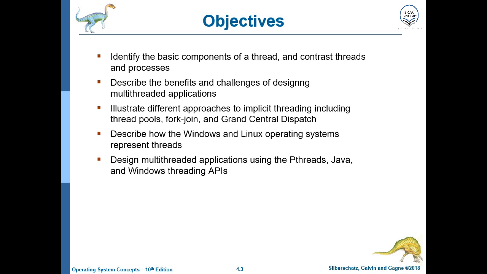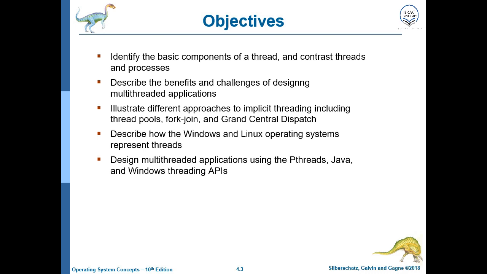Illustrate different approaches to implicit threading, including thread pools, fork join, and so on. As I have discussed in the previous slide, implicit threading means designing or building threads during runtime. So there are methods of doing that. We'll be looking at that.